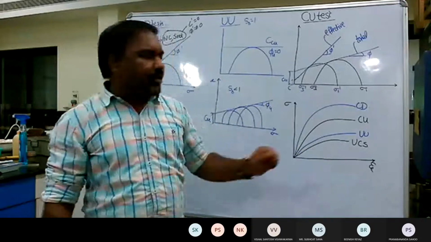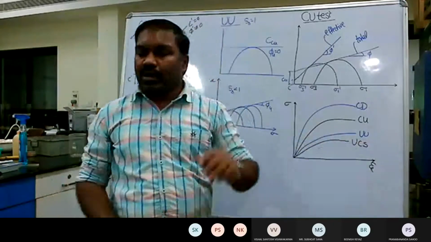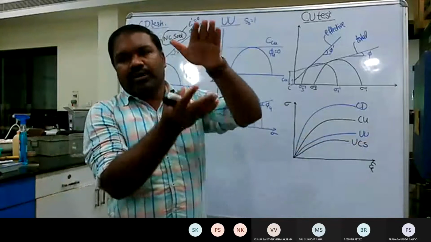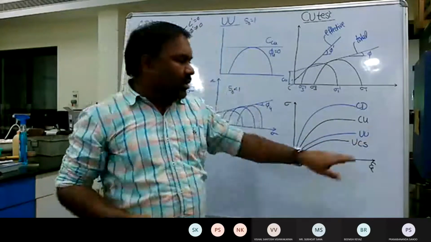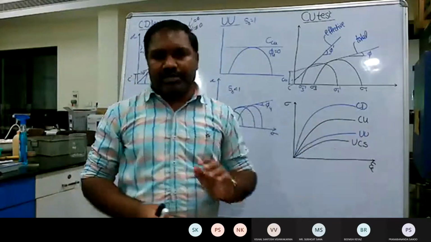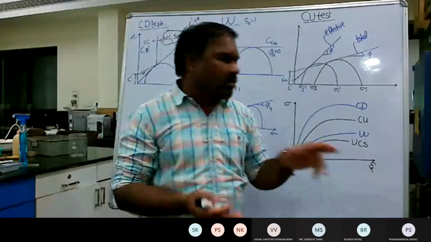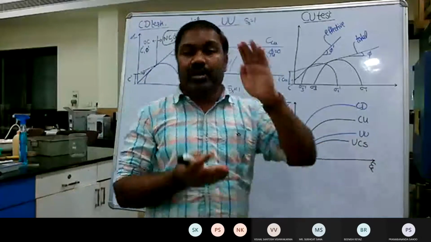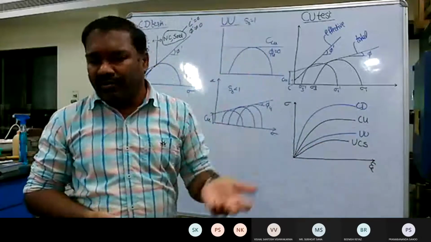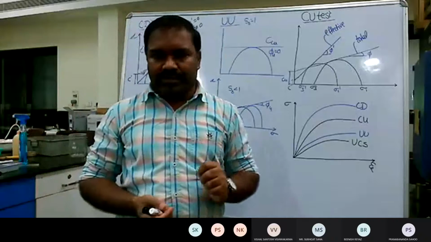Now in UU, what are you doing? You are providing confining pressure also, so one step ahead of UCS. In the UCS, sigma 3 is 0, but in UU you are providing the sigma 3, which may be 50 or 100 or 150 kilopascals.